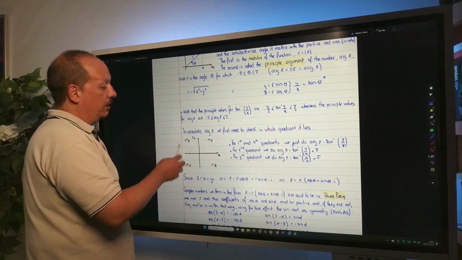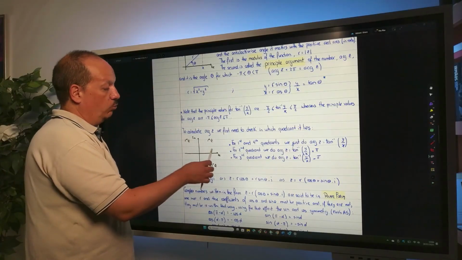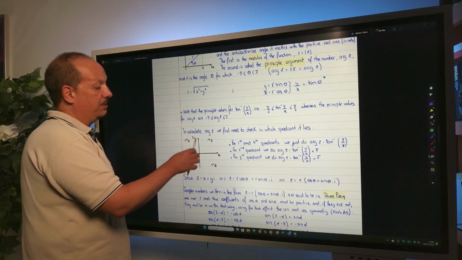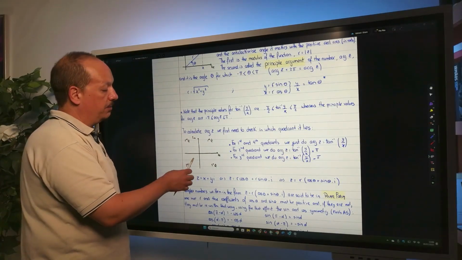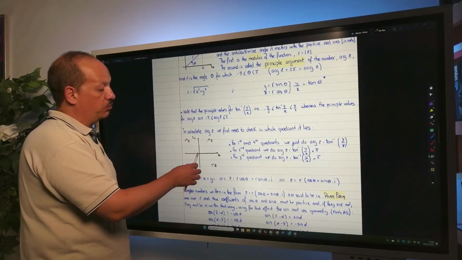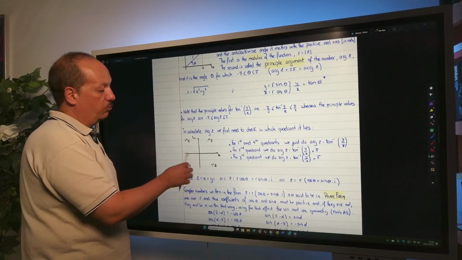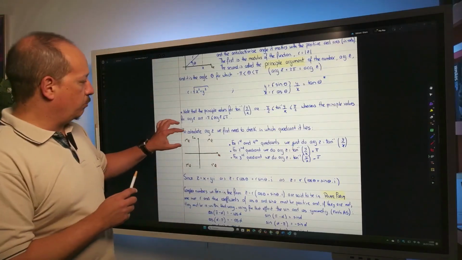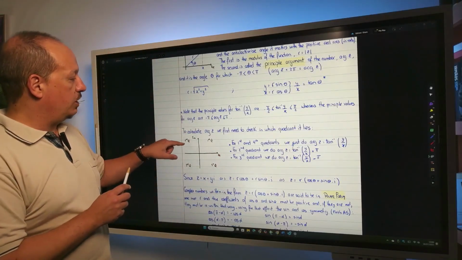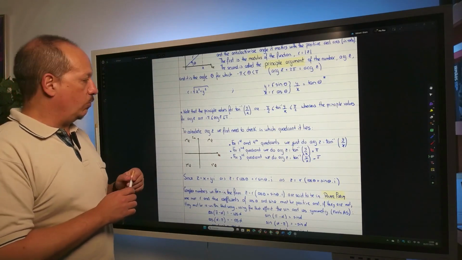But if the number is in the second quadrant, in which the real part is negative and the imaginary part is positive, or if the number is in the third quadrant, in which both the imaginary and the real part are negative, then you have to do a small trick. Let's start with a situation in which the number is in the second quadrant, okay?